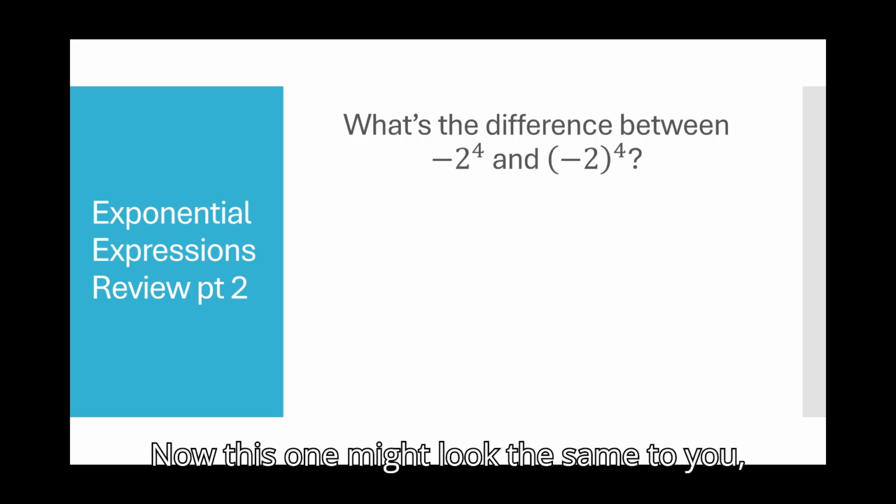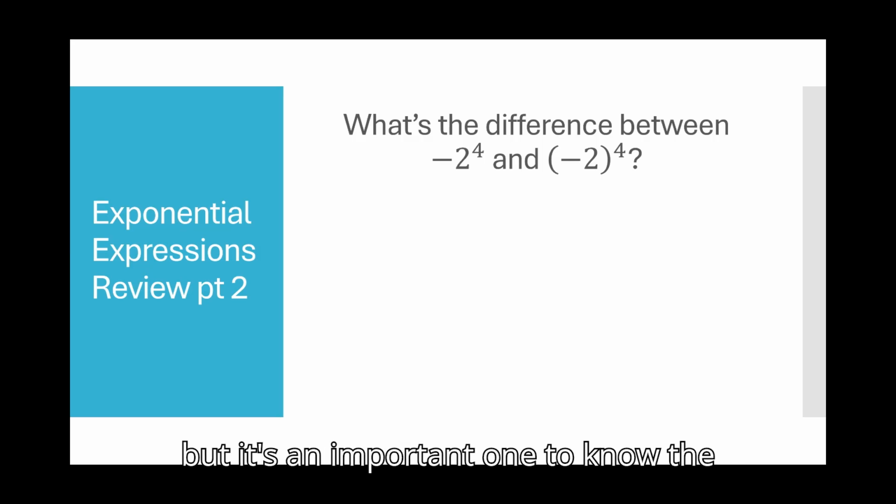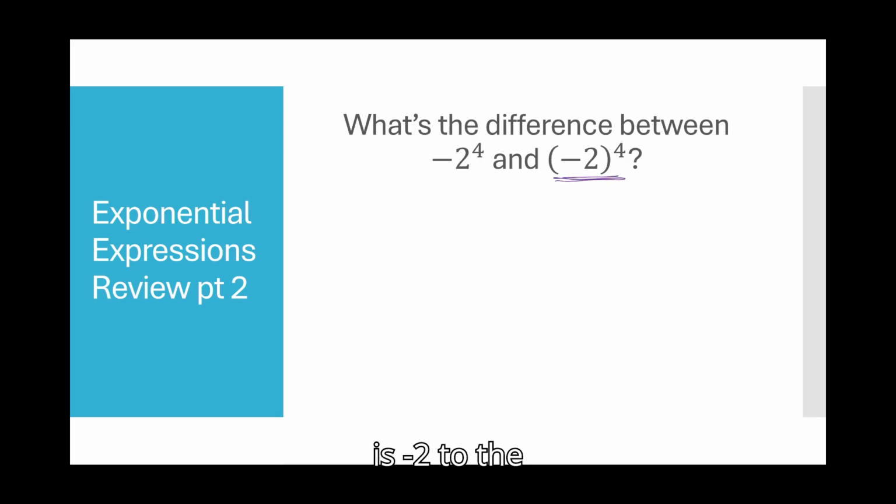Now this one might look the same to you, but it's an important one to know the difference for when you're using your calculator. So you might read these both as -2 to the fourth power, but there's an important little pause in here. This one is (-2) to the fourth power.